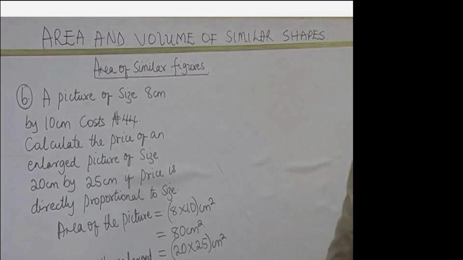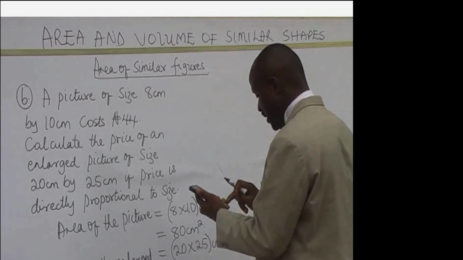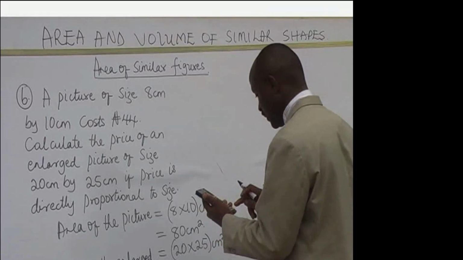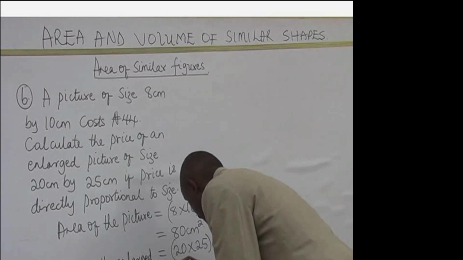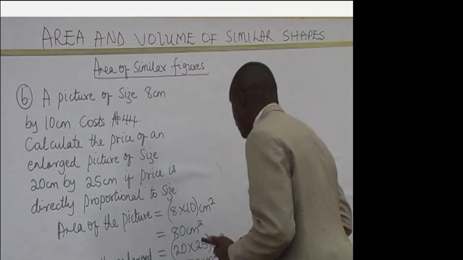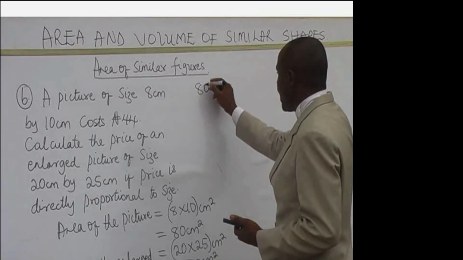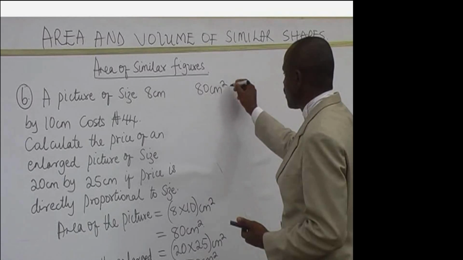Let's multiply that out. 20 times 25, 500 centimeters squared.